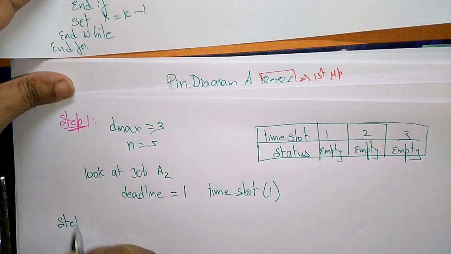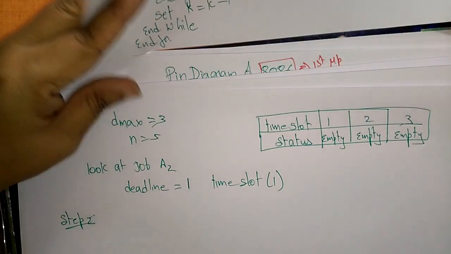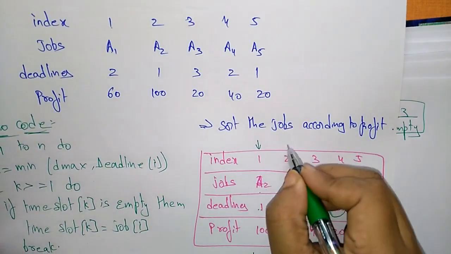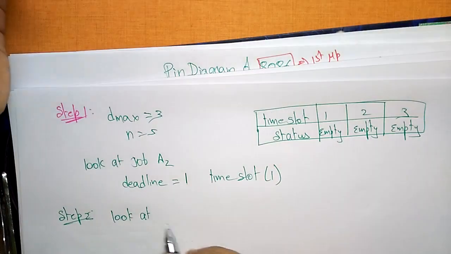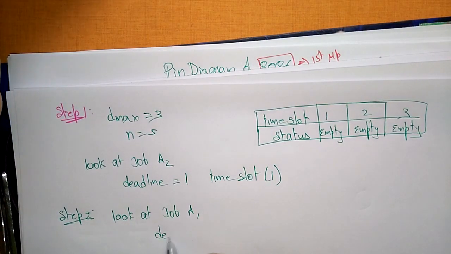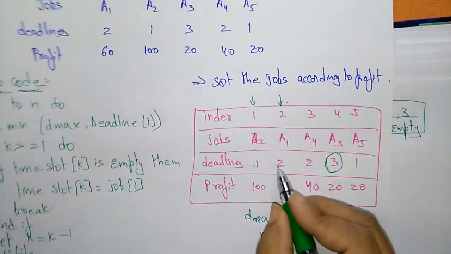Next, step 2. Similarly, look at job A1. What is the deadline for A1? 2.